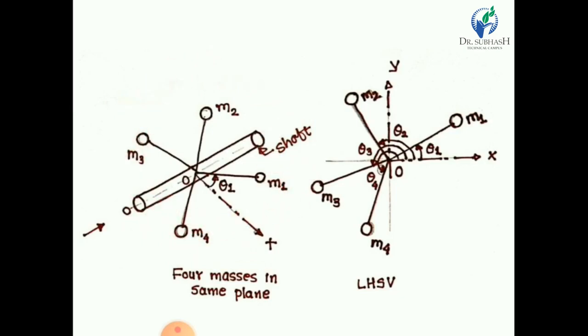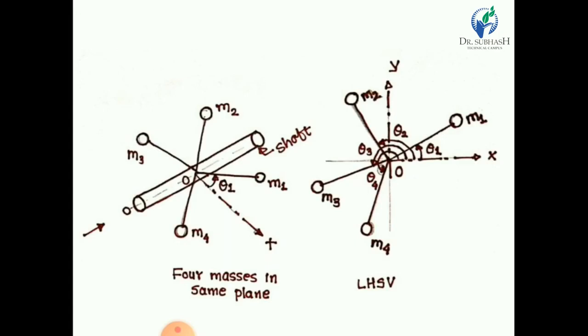If we draw the front view from this side for this configuration, then we see all masses are in a single plane. Now if we consider OX, a horizontal line, with point O, as the horizontal reference line, and draw a left hand side view, then we obtain such a configuration.